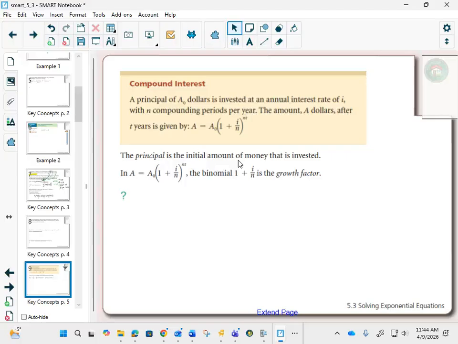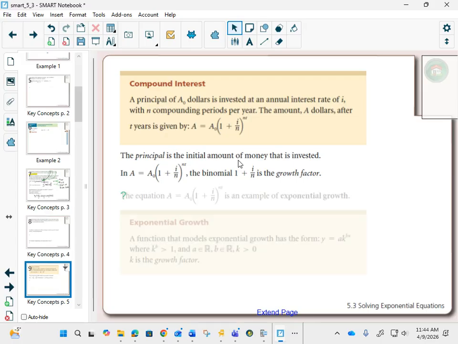Now, they say we can put any question we want on the exam that uses exponents. We will also give you the formula and explain what it means. So if you got a question with compound interest, they would give you this formula and tell you what each of the things mean. As long as you can do the math, you have the formula given to you. You just have to plug things in to the right places.